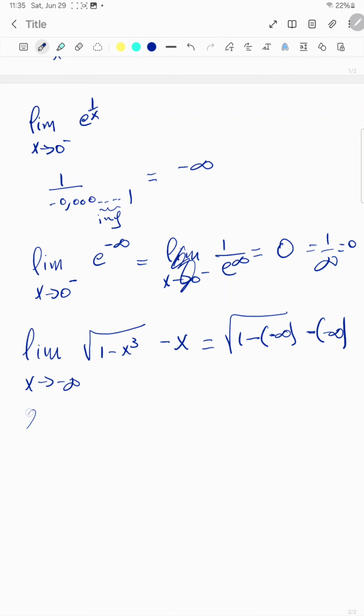So the limit of the square root of 1 minus x to the power of 3 minus x is equal to the square root of 1 plus infinity, but we know the square root of plus infinity is plus infinity, and plus infinity is equal to plus infinity.